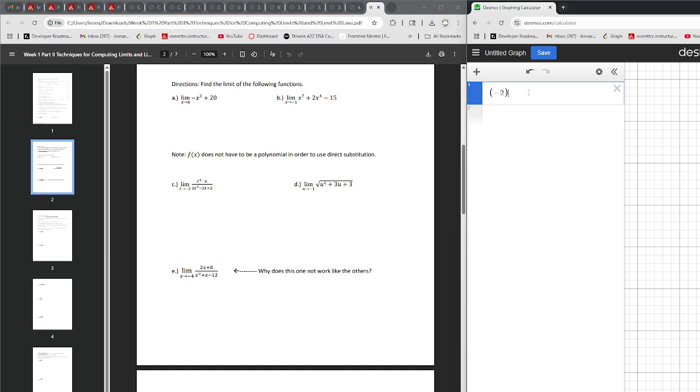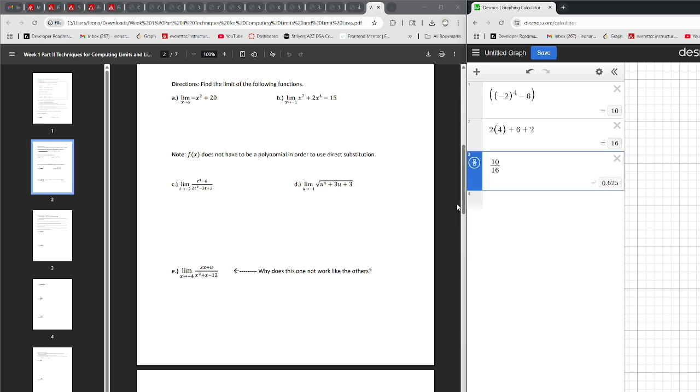Negative 2 to the 4 minus 6, that's 10. And we divide that by 2 times 4 plus 6 plus 2, 0.625. What is that actually though? 16. Wait, what is the top one then? 10 over 16.